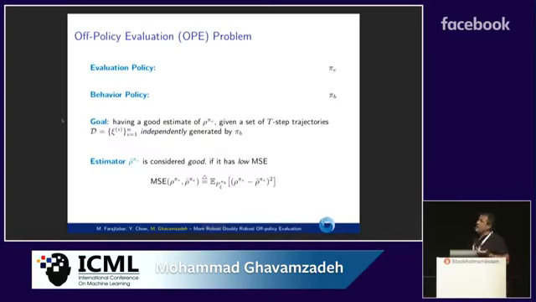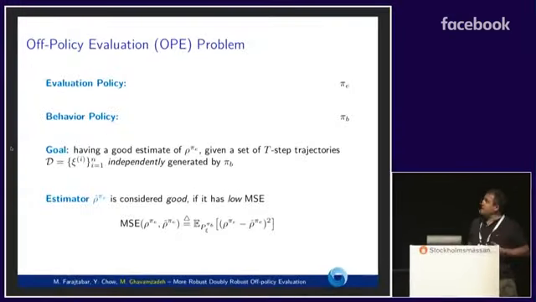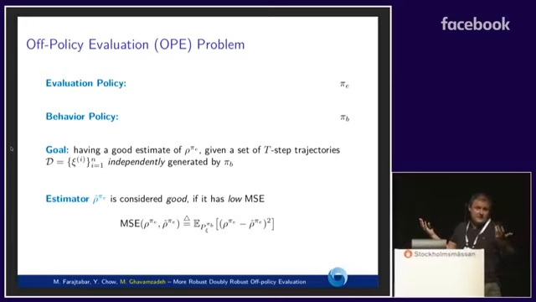So what is the off-policy evaluation problem? You have a policy called pi-e, the evaluation policy. You are interested in knowing its performance, but your data has been generated by a different policy called the behavior policy pi-b. So you want to use the trajectories that are independently sampled from the behavior policy pi-b to have a good estimate of the performance of pi-e.